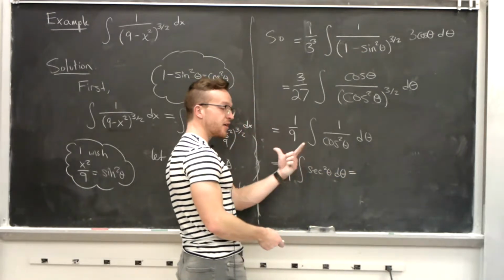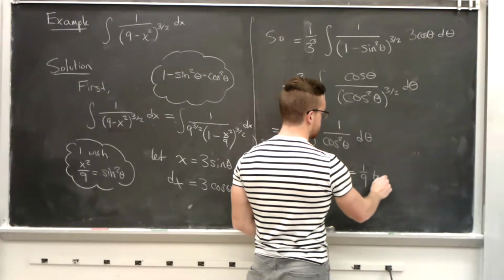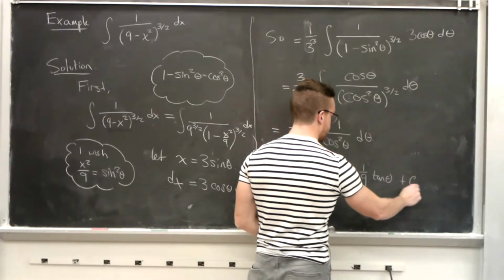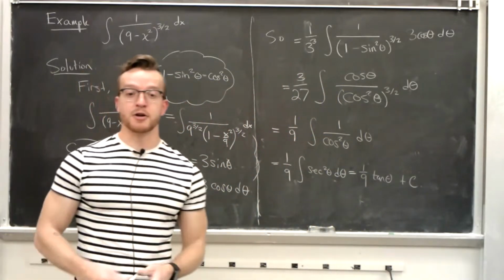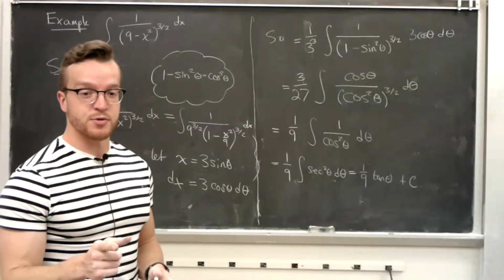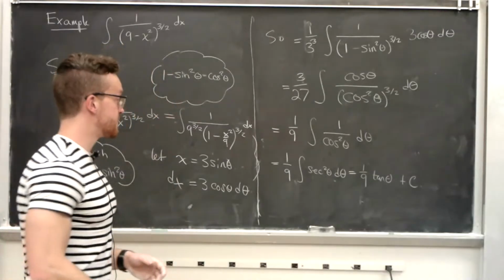So the antiderivative of secant squared is tangent. And okay, we've done the integration. We're not done because we have to switch back to x, but at least we've integrated the function.